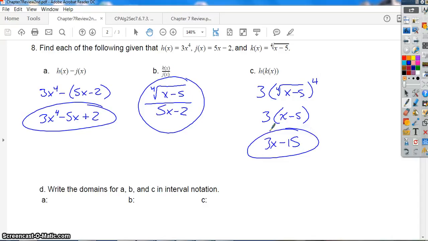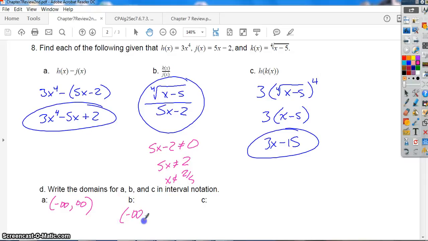All right, with that being said, now they want us to do the domain in interval notation for a, b, and c. So this is all real numbers, because there is no division or square roots. Here we have a denominator, so we can't have that equal to 0. That cannot equal 2/5.